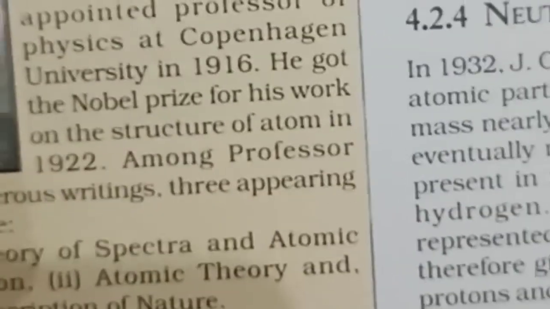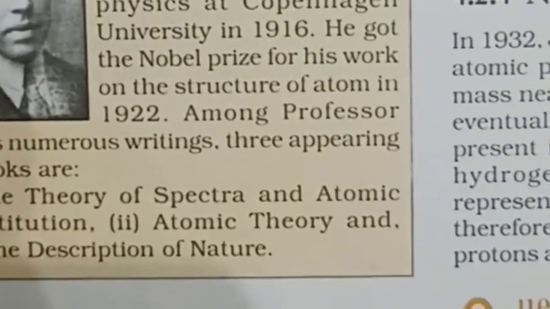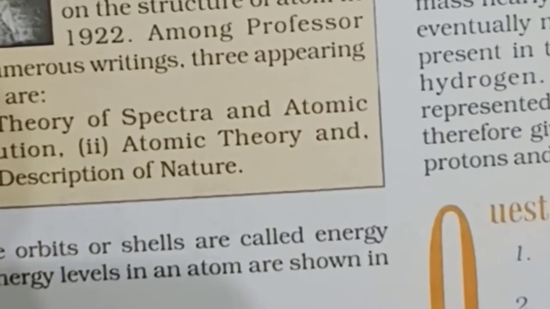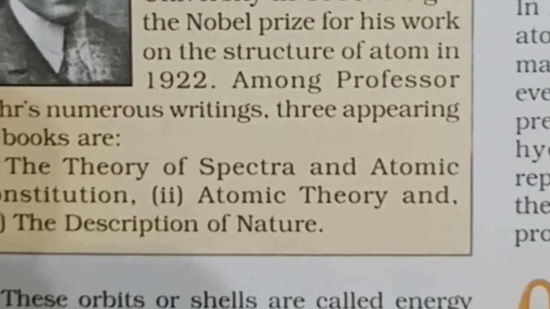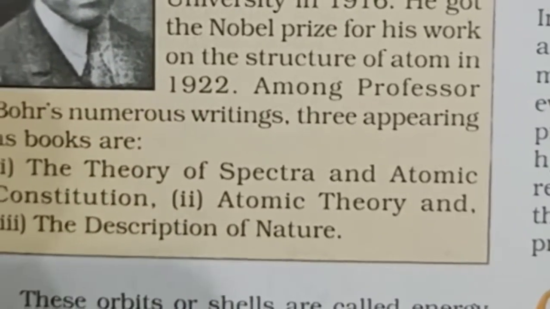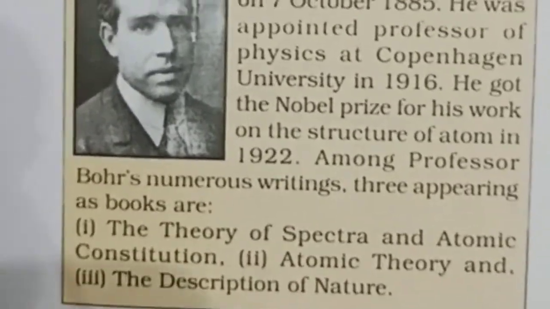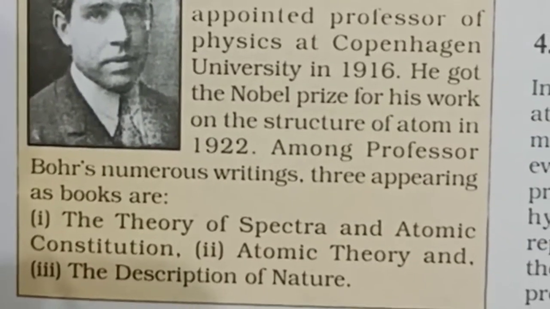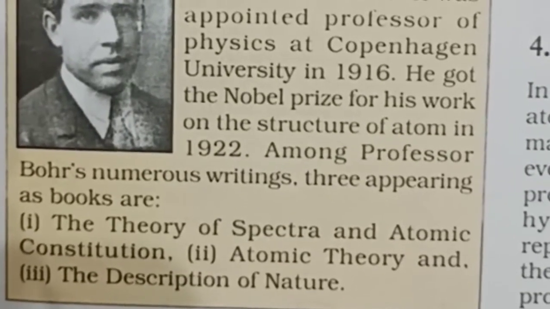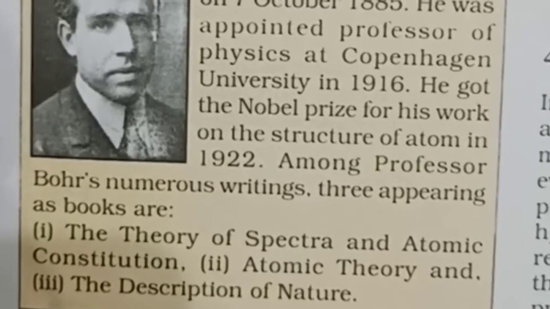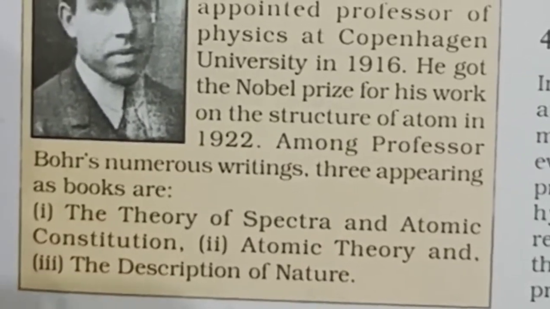So now we will study about Bohr's model of an atom. See here about Niels Bohr, it has been given to us that he gave us some idea, but he did not give us everything of his own. He gave to us some of the ideas that were already told to us earlier by J.J. Thomson and by Rutherford.